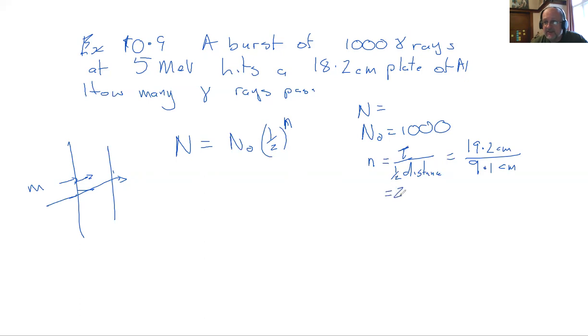So n is going to equal 2. Now we can stick this into the equation. N, the number of photons that get through, is going to be 1000 times a half to the power of 2, which is equal to 1000 times a quarter. It's equal to 250 gamma rays.